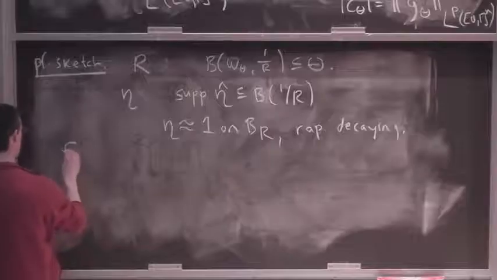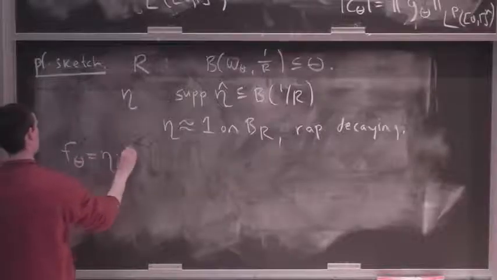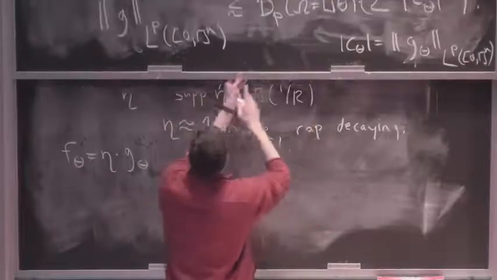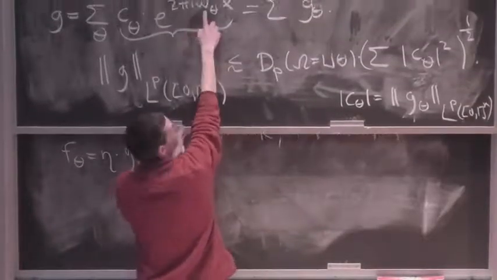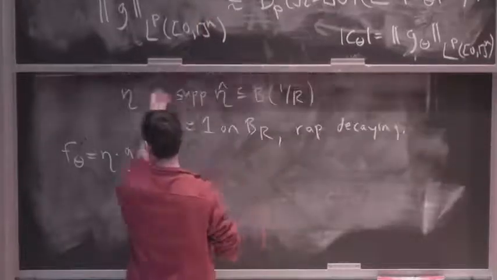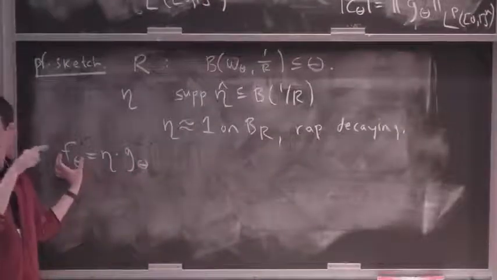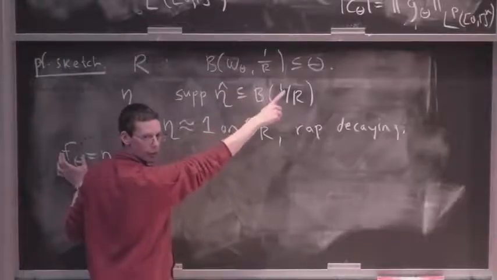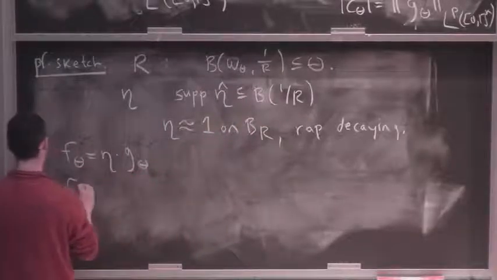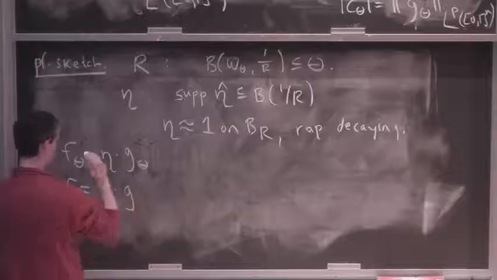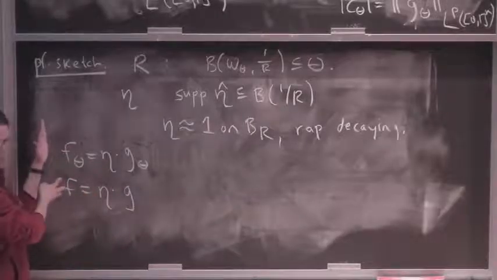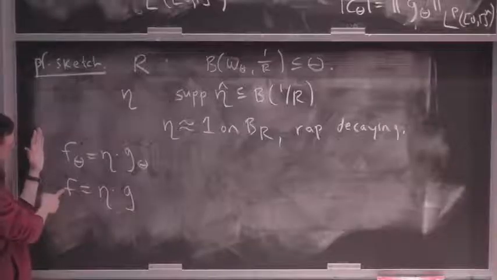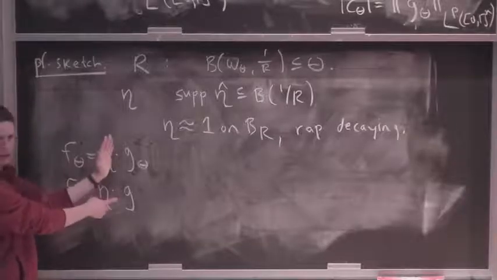OK, so my function f theta will be eta times g theta. G theta was just a complex exponential at frequency omega theta. So this guy is going to have Fourier support in the ball of radius 1 over r around omega theta, so it's OK. And f is eta times g. And so now I can apply my decoupling to f and f theta. And the point is that everything behaves proportionally to how it behaved for g and g theta.